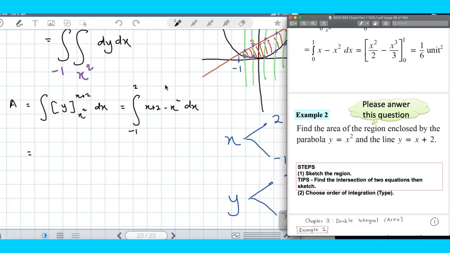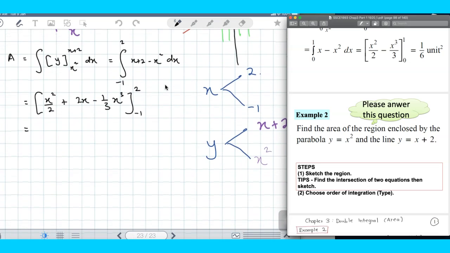We integrate to get x squared over 2 plus 2x minus 1 over 3 x cubed, and then substitute minus 1 to 2. Substituting x equal to 2, we get 4 over 2 plus 4 minus 8 over 3, subtracted by the value at x equal to minus 1.